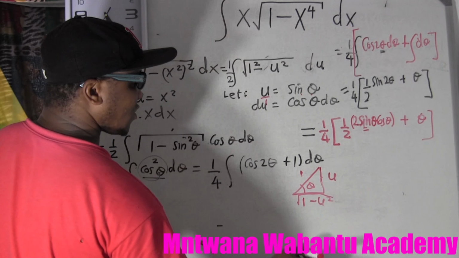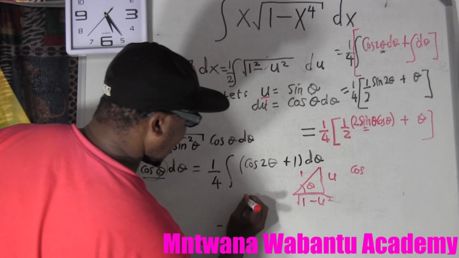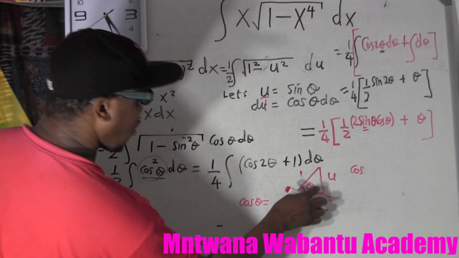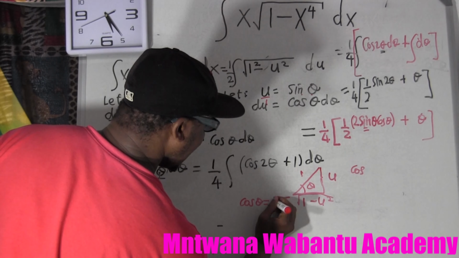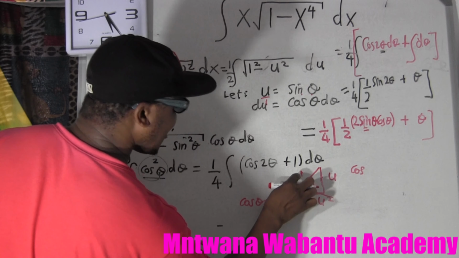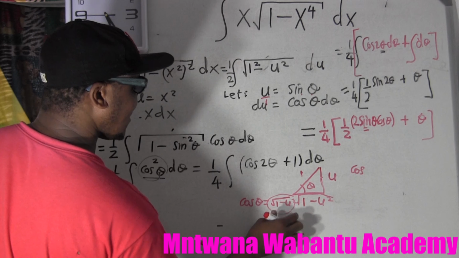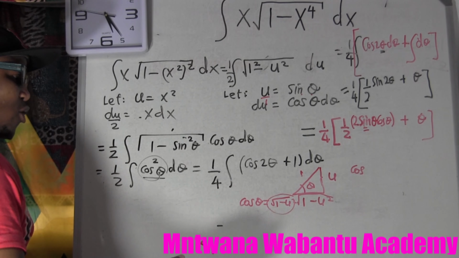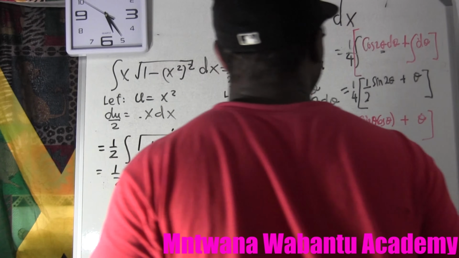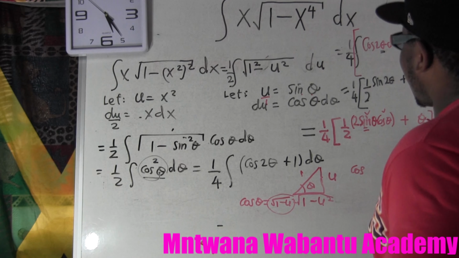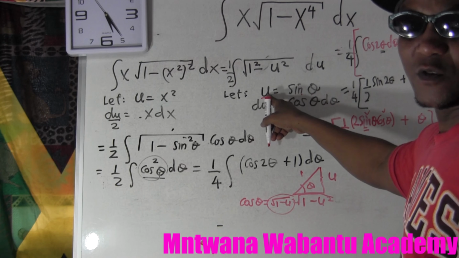To get cos, my cos of angle equals adjacent over hypotenuse 1, so it's the same thing, because anything divided by 1 is that something. So cos of theta is the square root of 1 minus u squared. So I know my cos of theta and sine of theta, and theta itself is sine inverse of u.